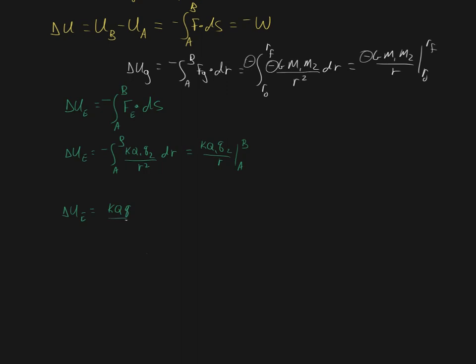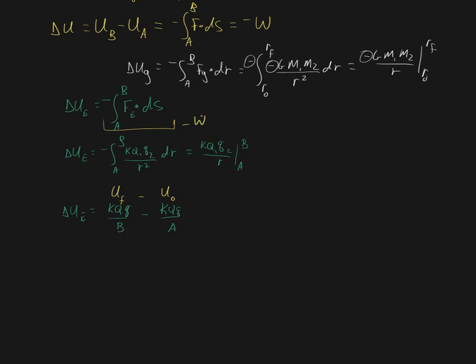So then we get delta UE is equal to kQQ over B minus kQQ over A. And I want to point something out here real quick, and that is that this is U final minus U initial, and that this whole expression here was the negative of the work.